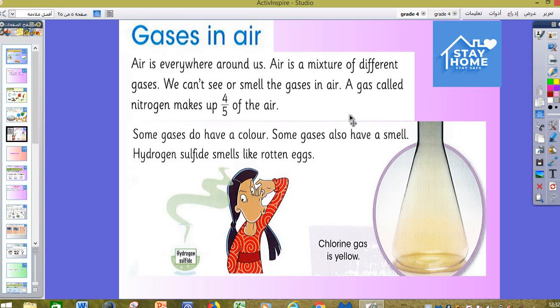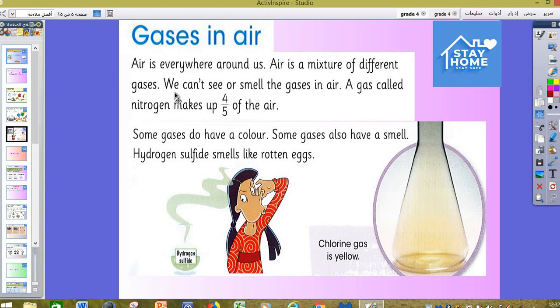So air is everywhere around us, and this air is a mixture of different gases. We breathe oxygen, plants take in carbon dioxide, and the air around us contains different gases like oxygen, carbon dioxide, nitrogen, and others.